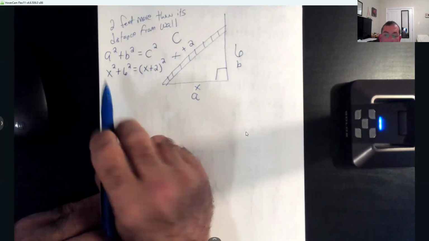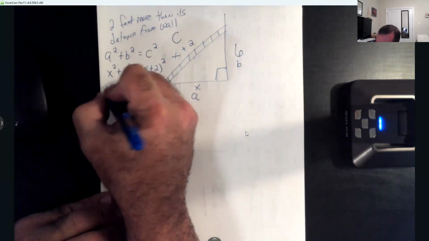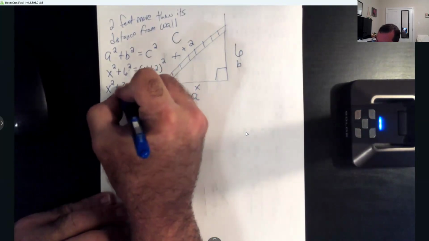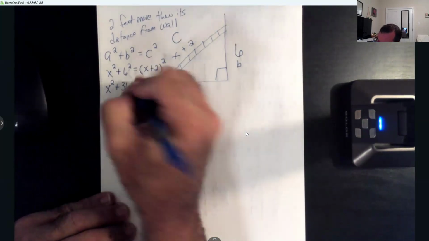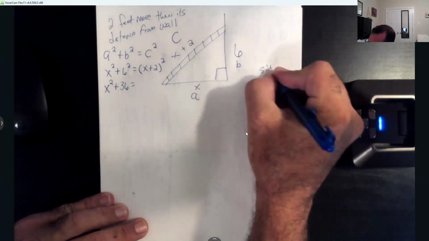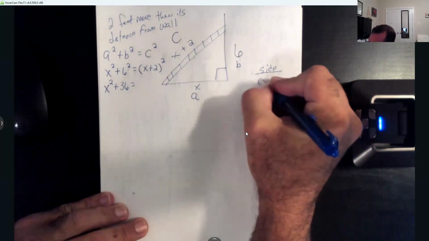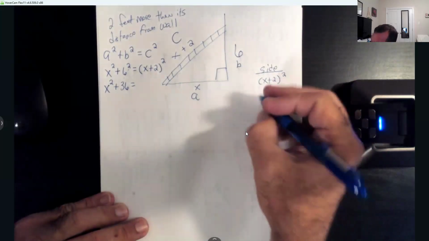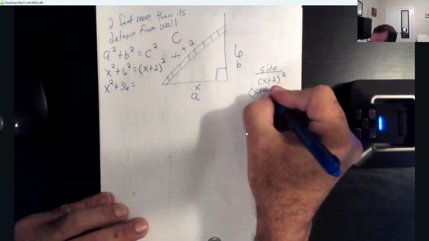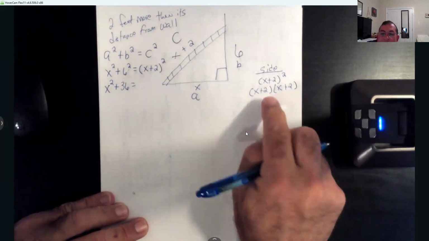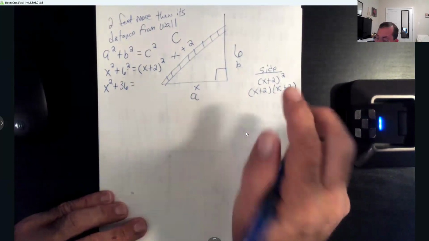All right, so you can't do nothing with the x squared yet. But 6 squared is 36. And y'all, that'll equal this right side. So on the side, you actually got to FOIL out x plus 2 squared. So that'll be x plus 2 times x plus 2.